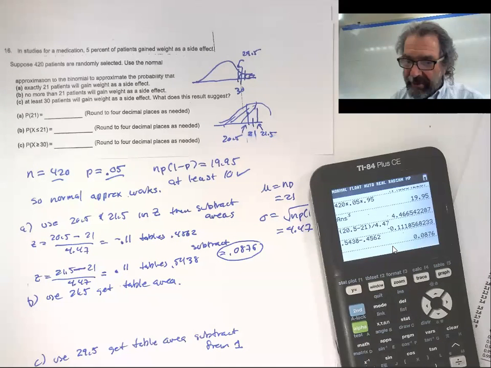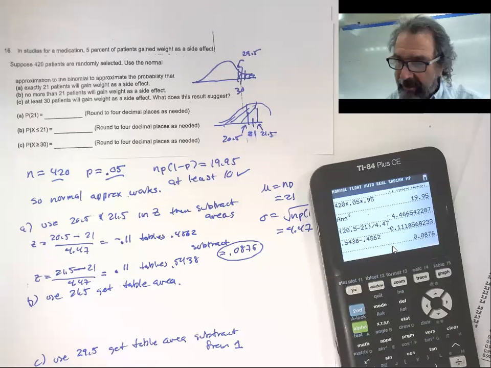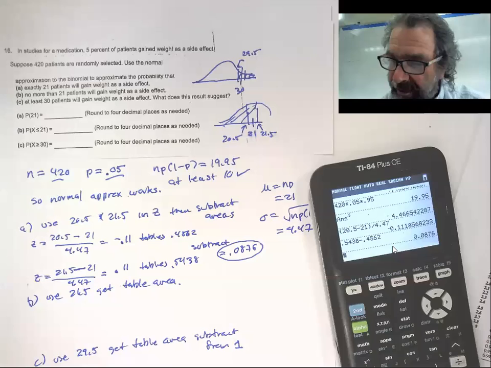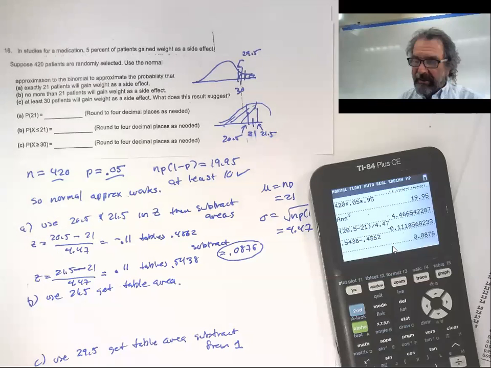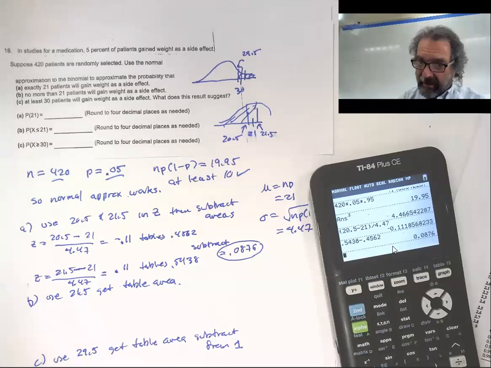That's the probability of getting 21 patients out of the 420 reporting weight gain as a side effect. If the chance of having that weight gain as a side effect is only 5%, right around 9% of the time, you'll see exactly 21 of the patients that had the side effect. And now we're going to go less than or equal to 21.